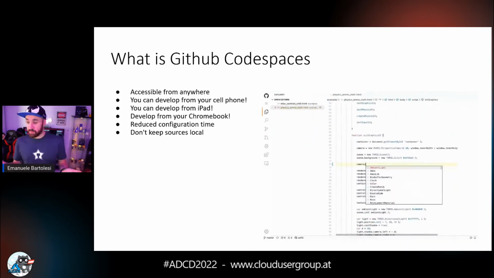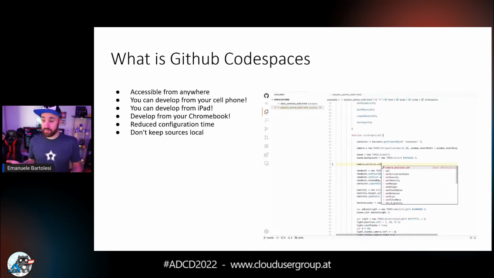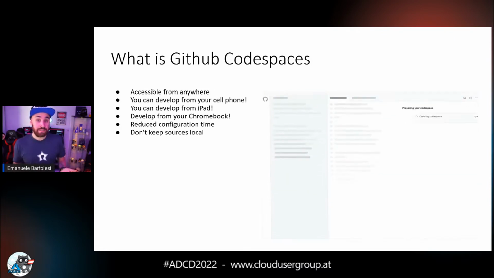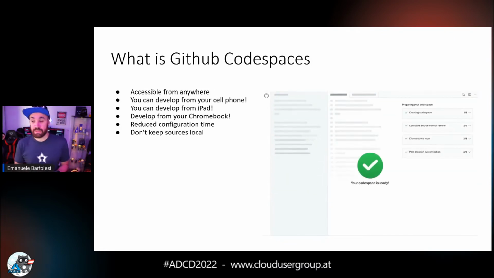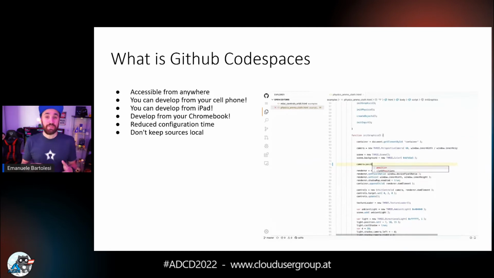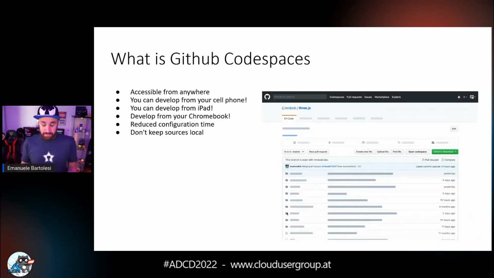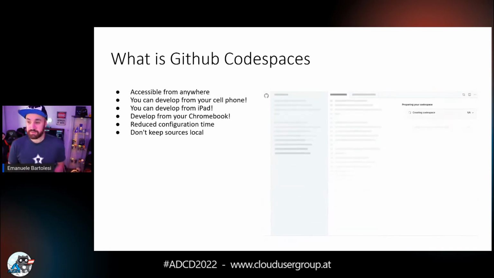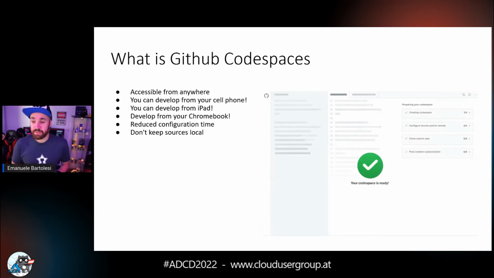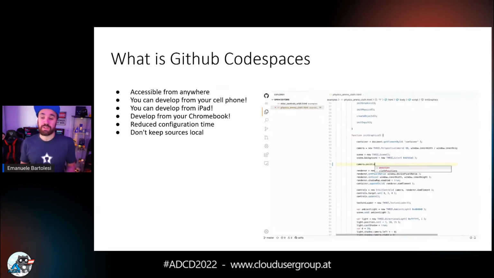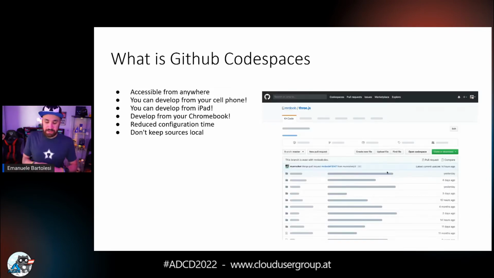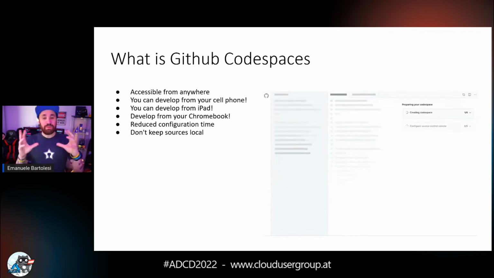And you can develop, of course, from a mobile phone, from an iPad, or from a Chromebook. And a Chromebook, I think, is the perfect use case, because you cannot install anything on a Chromebook, you have just a browser. But you can develop from a Chromebook with the full experience of VS Code as well.